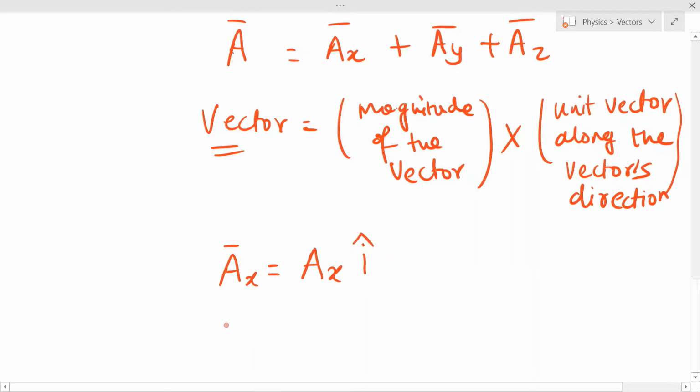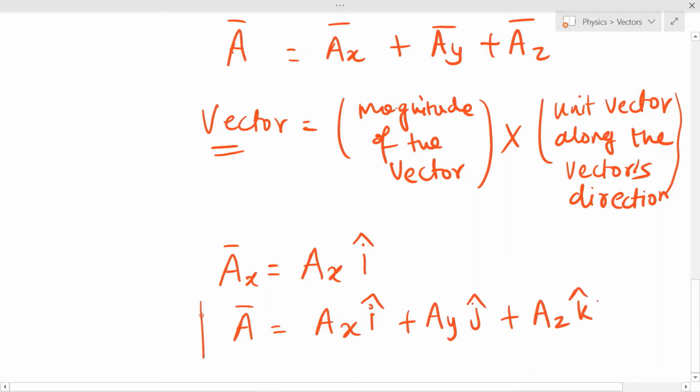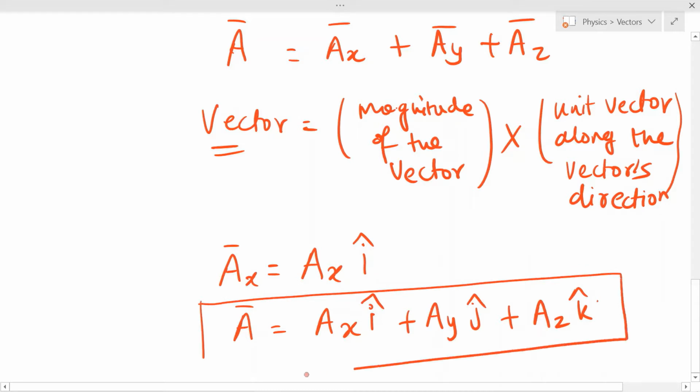So similarly you can write AY bar as AY j cap, AZ bar as AZ k cap. So then the final expression becomes AX I cap plus AY j cap plus AZ k cap.